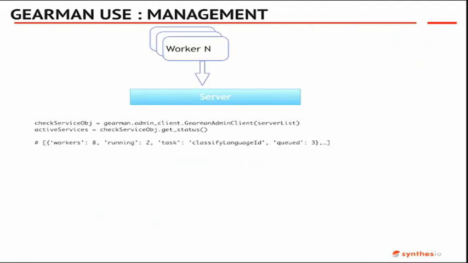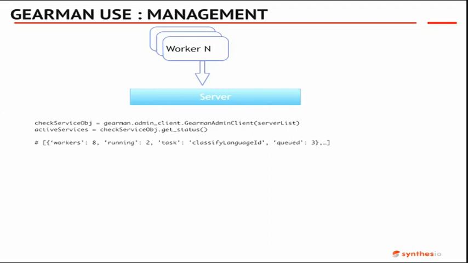Getting back then to the management, this is something also which is very interesting for us. We have our server, but we want to know what's going on, for multiple purposes. So what you can do is go actually not serverless, just the server itself, you create a gearman admin client, and you do get status, and it will return, for each of those tasks that we've seen, so in my worker example, I had 2 tasks, a status.